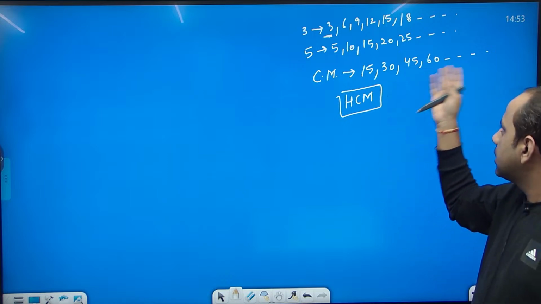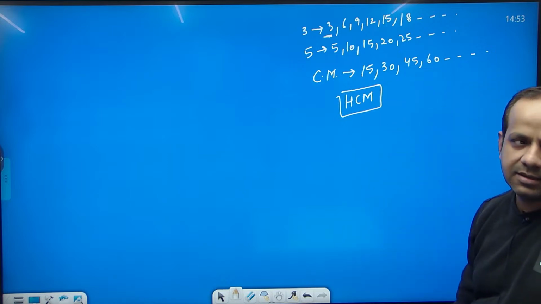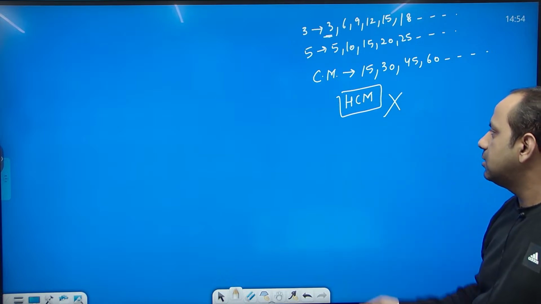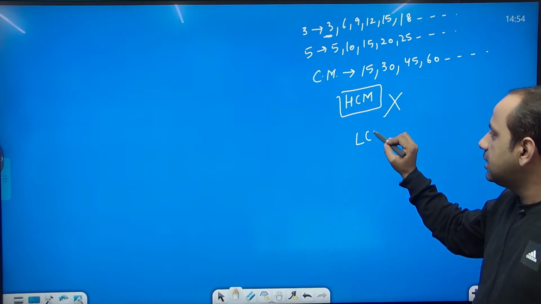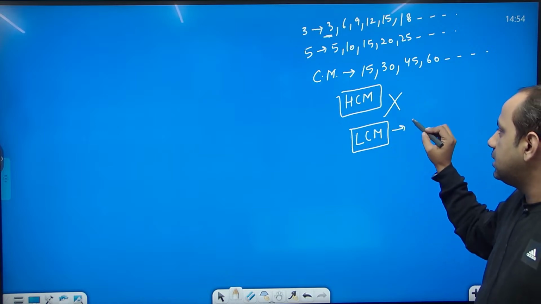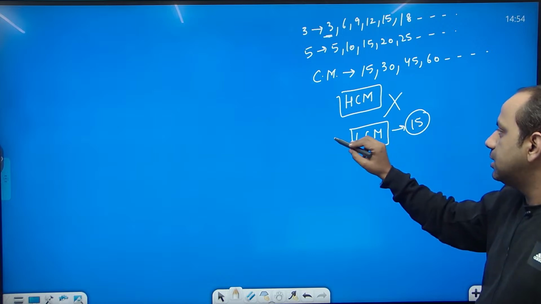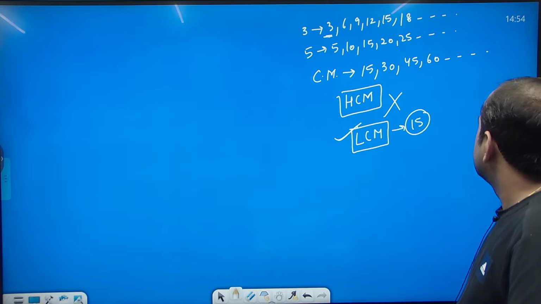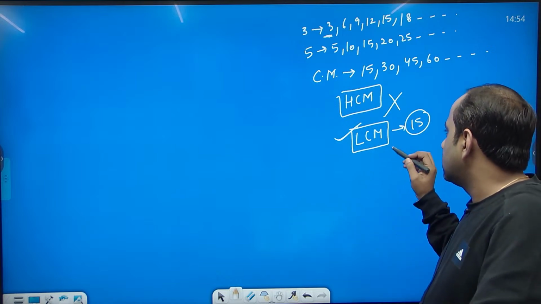HCM, highest common multiple, can you figure out what it can be? It has no meaning, so we need not figure it out. Instead, if I say what is LCM here, that is 15. And it has a lot of importance too, which we are going to discuss in 5-10 minutes. What is the importance of LCM?